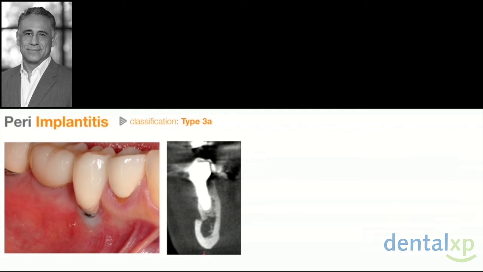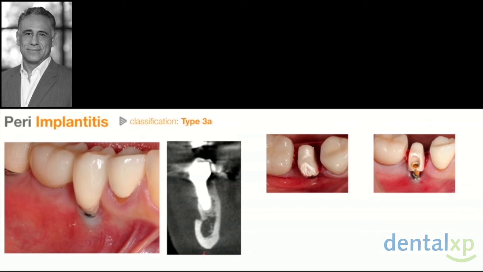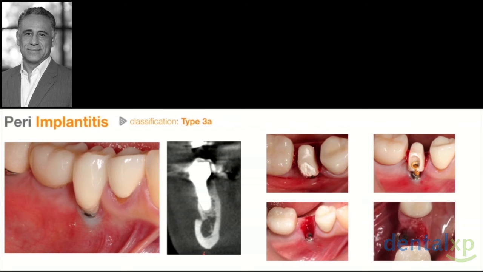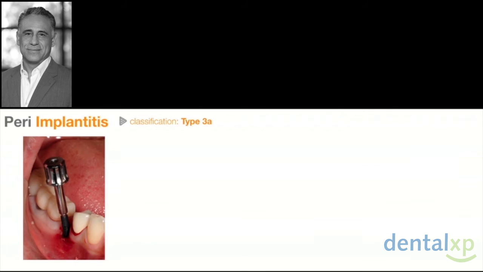Another patient with category type 3A with loss of bone on the buccal on one side and loss of soft tissue is this patient that had an implant placed too inclined on the buccal aspect with loss of tissue. Ultimately, the implant had to be removed using an atraumatic reverse torque technique.